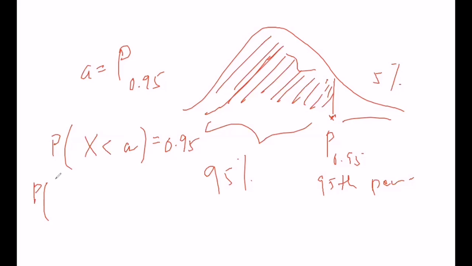Then you just work back, just normalize: subtract 88 over the standard deviation, which we just calculated. So (A minus 88) over this is 0.95.